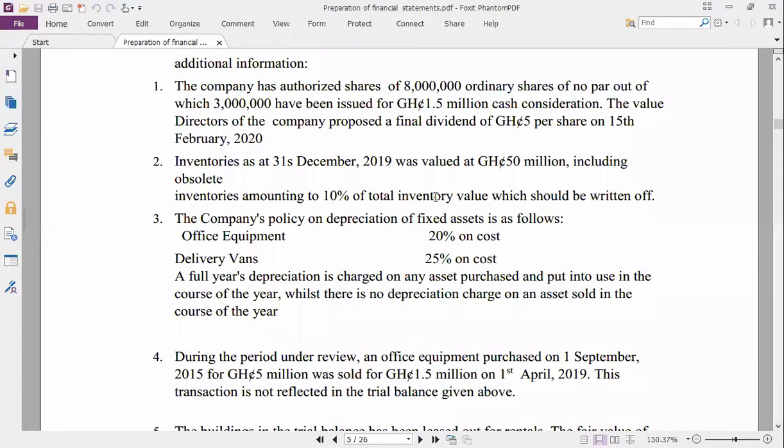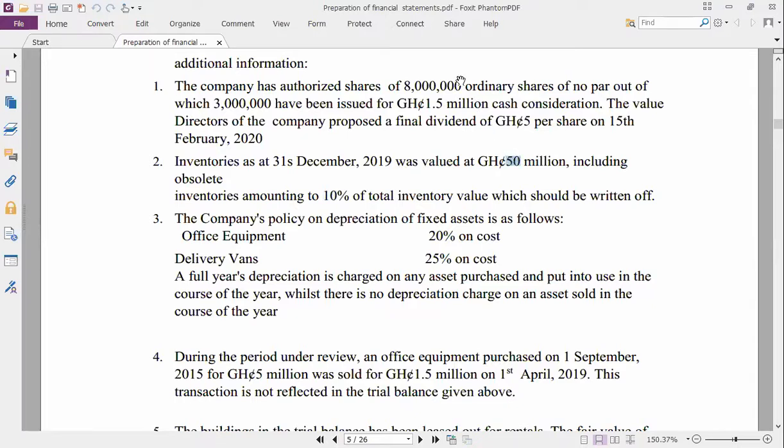Now, if the inventory has been outdated, then it must be written off. So you find 10%, you take it off. Whatever remains, that becomes the closing inventory. So if 10% is written off, then the remainder is 90%. So you just pick 90% of what? 50 million.